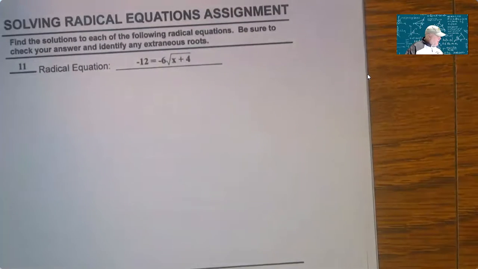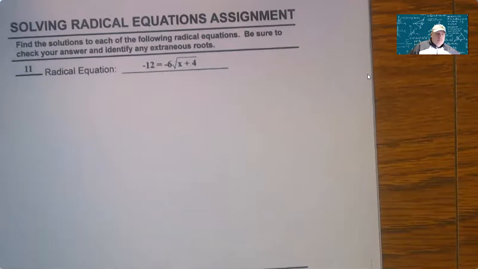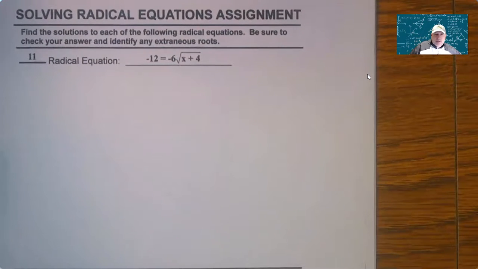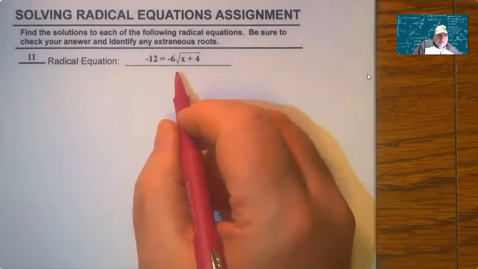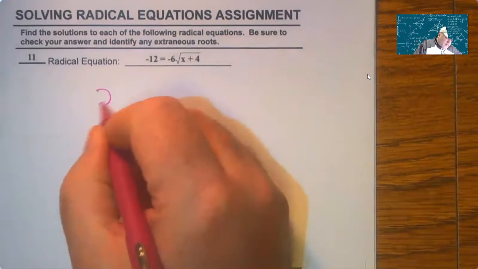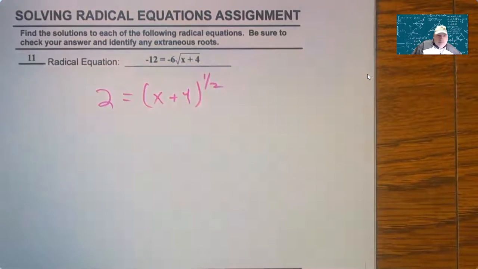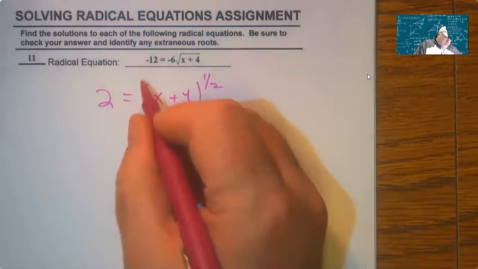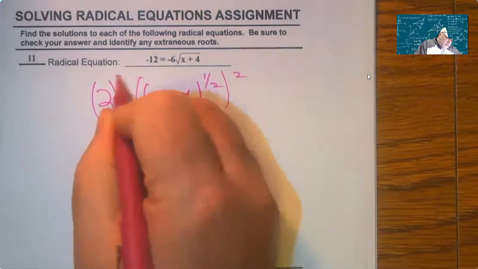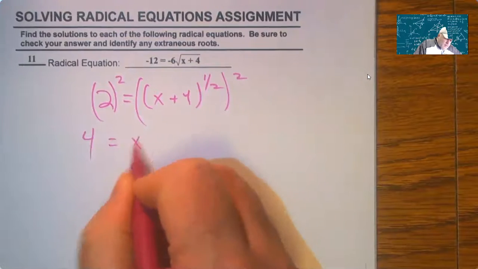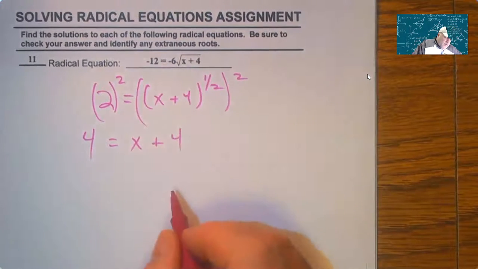Okay, so problem 11, you want to isolate the square root. We have that, well, almost. So we want to divide each side by -6. That gives us a 2, like so. And then square both sides. And I have a feeling on this one we're going to get something that doesn't work.